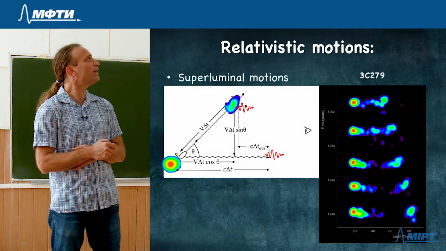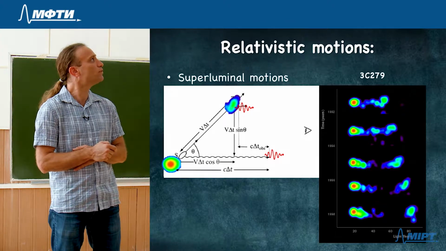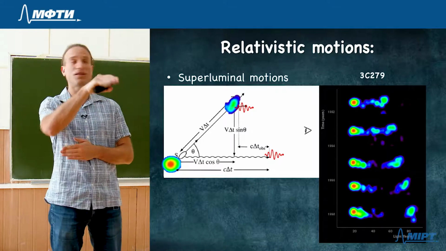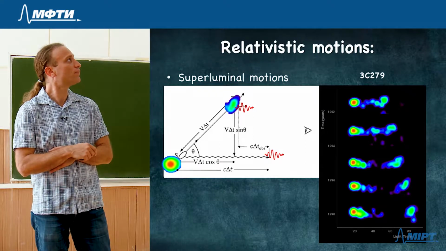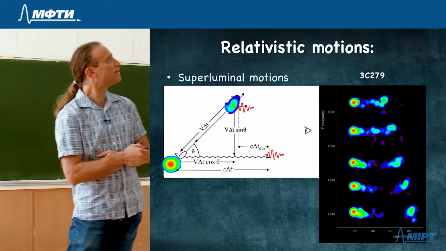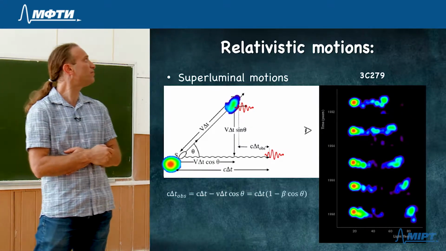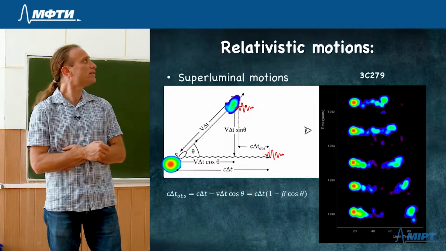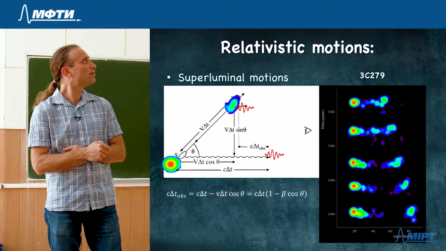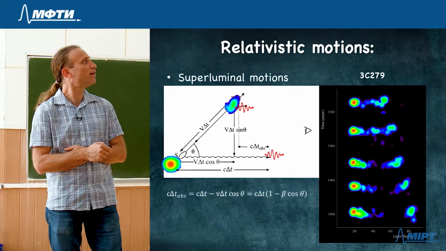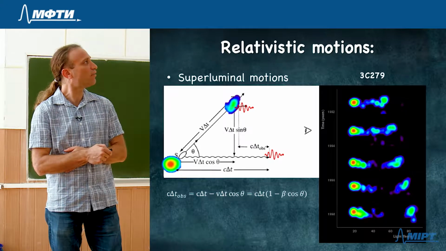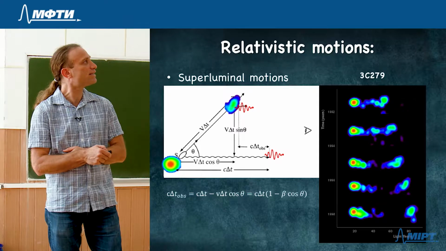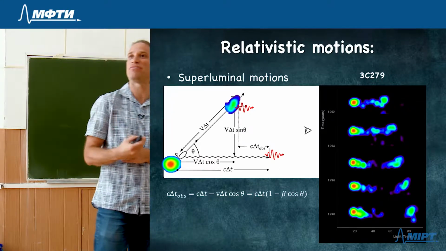And at the time when it emits the second photon, it has moved a distance along the line of sight which is v delta t times cosine theta. Okay? So this distance, c delta t observed, is just c delta t minus v delta t times cosine theta, and I take c delta t out of the brackets, and I get 1 minus beta cosine theta. Now, beta is just the velocity divided by c.